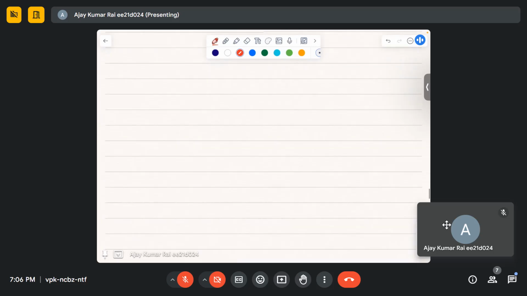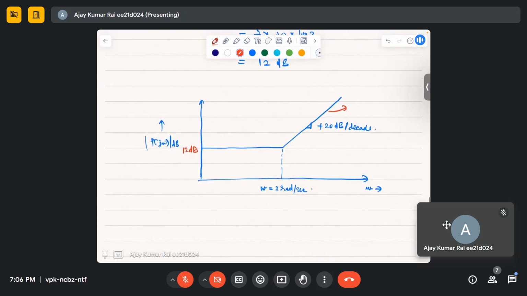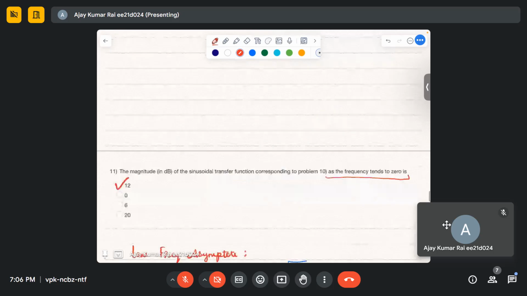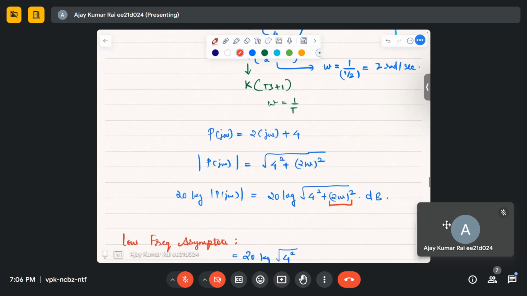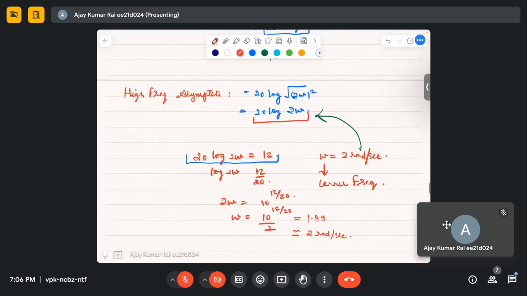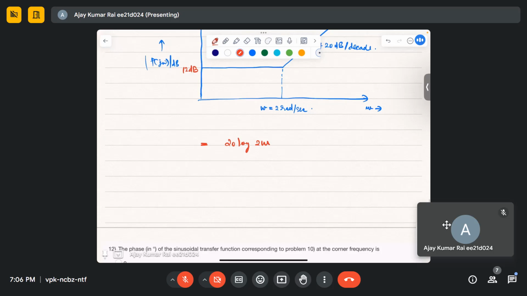Let's find what the slope is for this. How to find the slope? At higher asymptote, you know the magnitude is equal to 20 log of 2 omega. So let me check it once again. Yeah, 20 log of 2 omega. Now take a frequency 10 times omega. This is the magnitude at 2 omega.